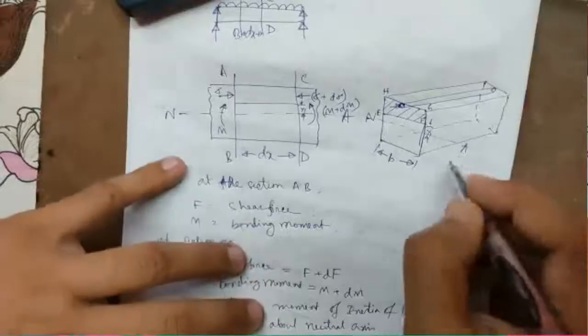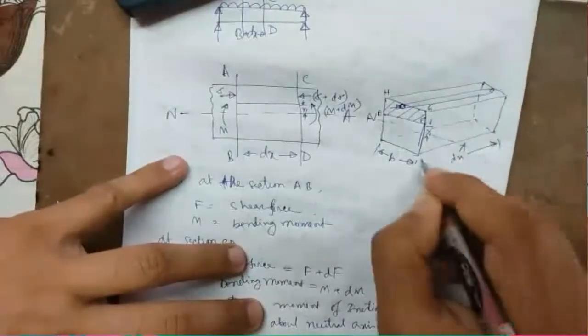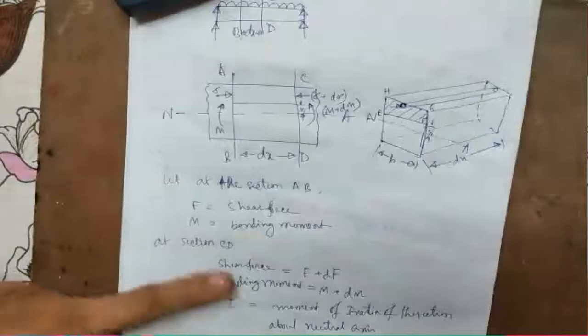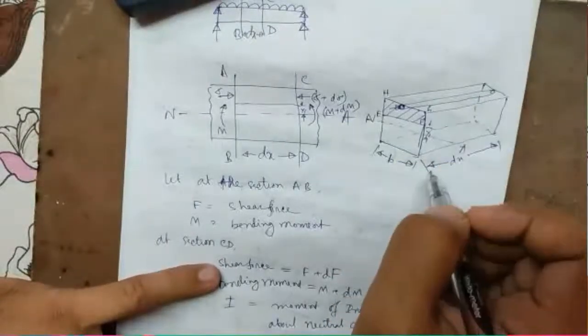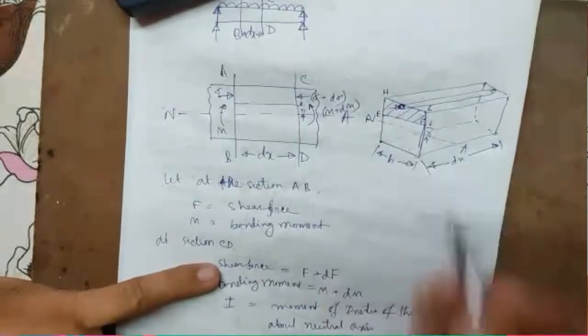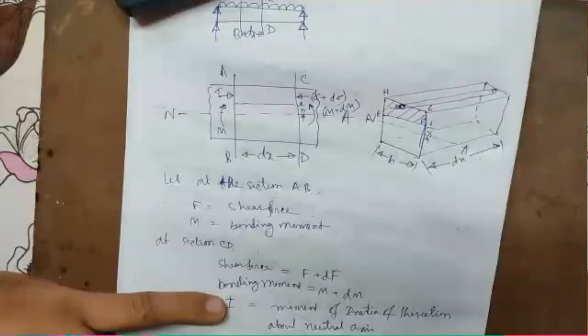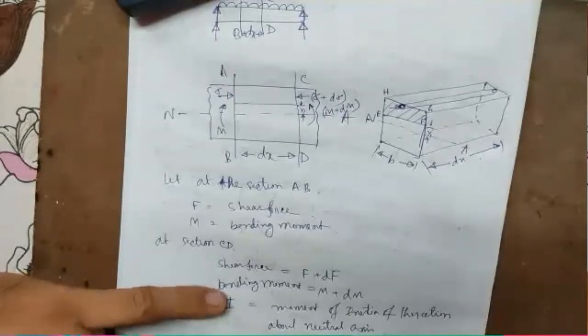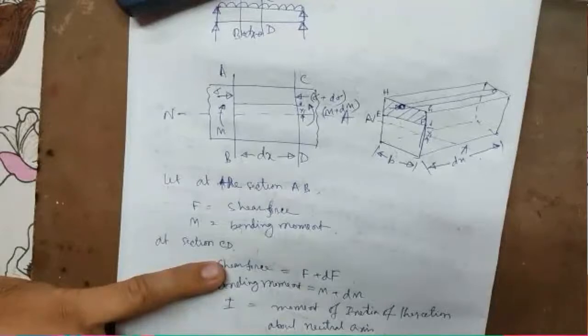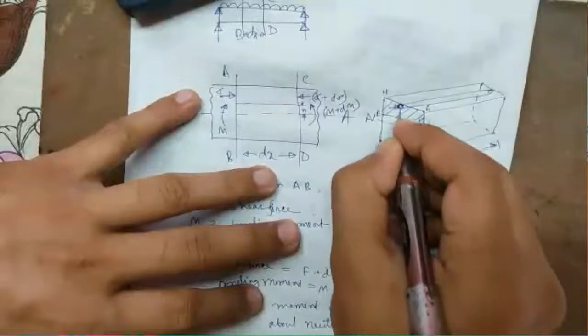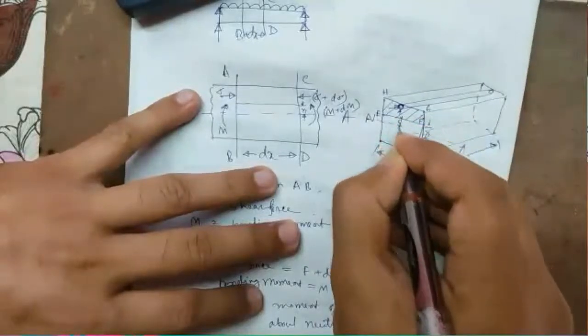So each cylindrical element will be of length dx and area dA. Now that elemental cylinder is taken at a distance of y from the neutral axis.